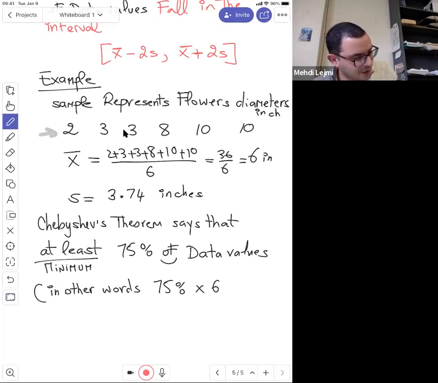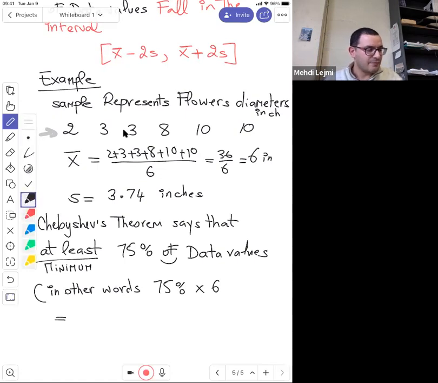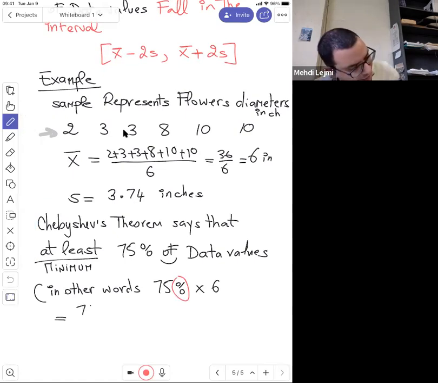So the 75% of 6 is equal to 75%. Percent means division by 100. So this is 75 over 100, times 6.